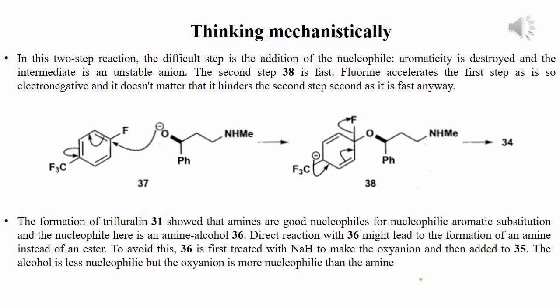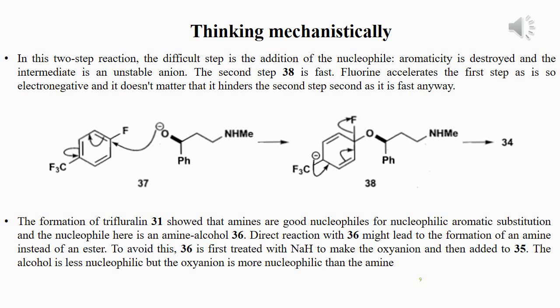But the direct attack of this amino alcohol 36 can make an amine as a result of nucleophilic attack, when N attacks on the aromatic ring. So to avoid this, first 36 is treated with sodium hydroxide to make the oxyanion and then added to 35.